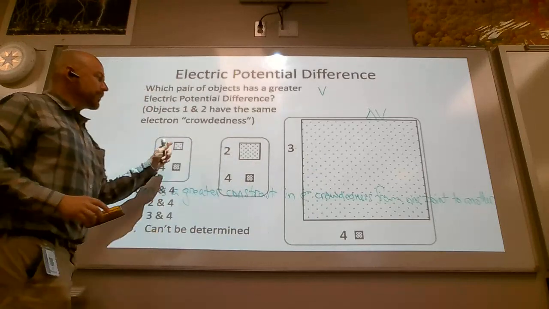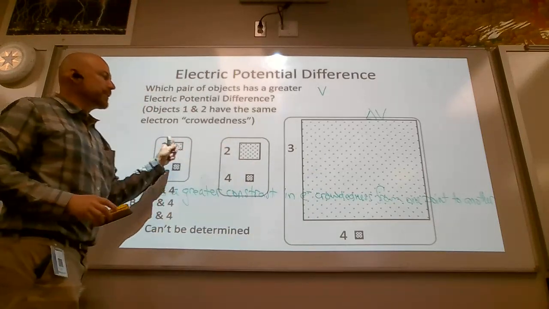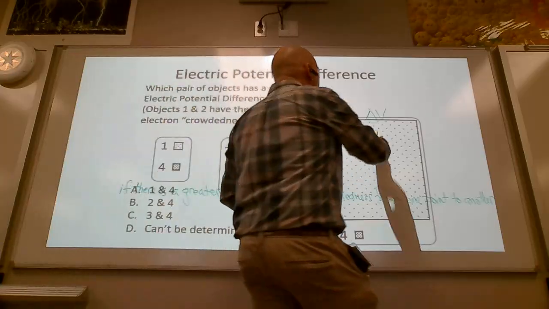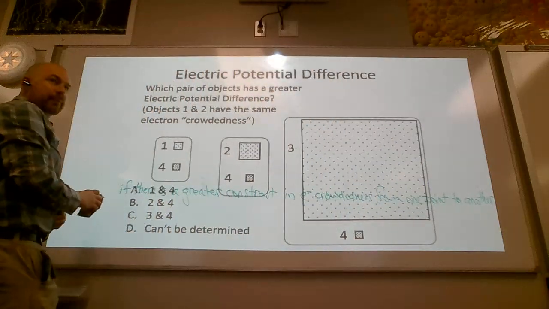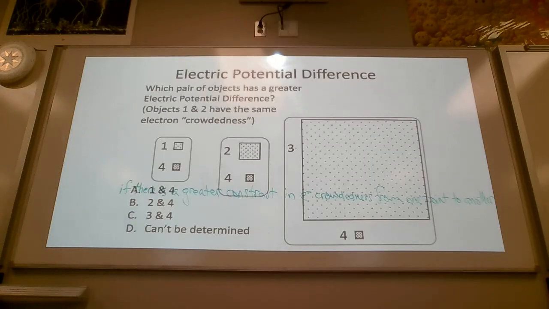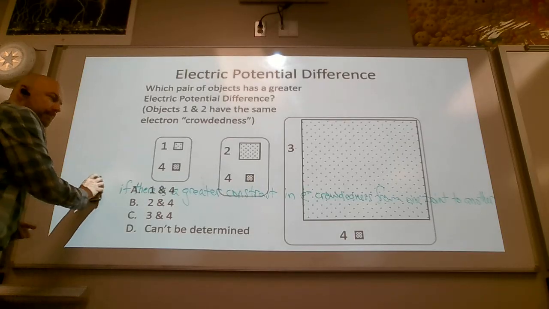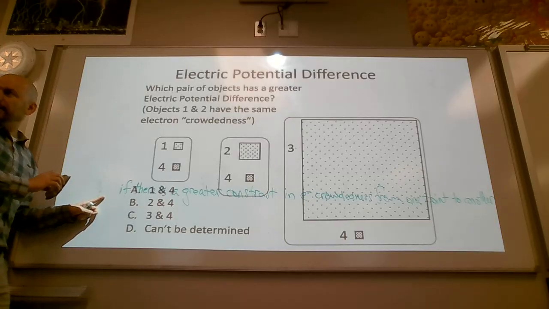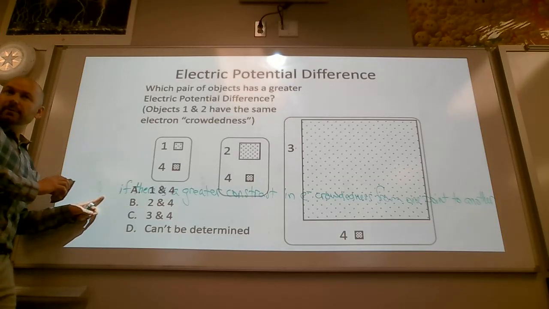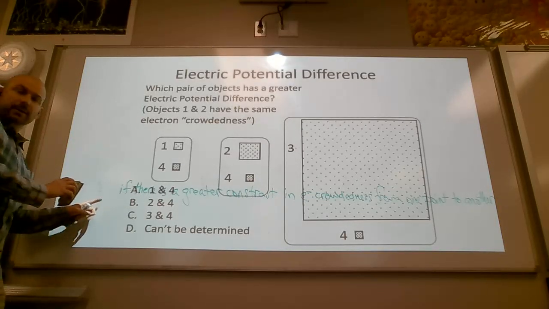So 1 and 2 have the same crowdedness. 4 has the same crowdedness. 3 is different. I'm going to erase that and be still writing.